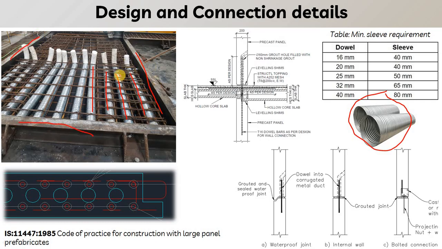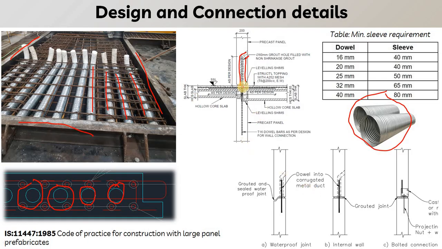Then we place the reinforcement cage, and we add this pipe in between the top reinforcement and bottom reinforcement of the cage. This pipe will be tied to the bar using wires. This is the dowel tube shown in the figure.